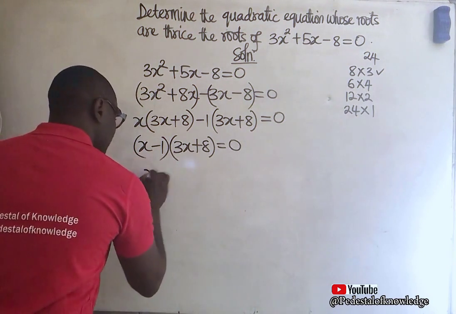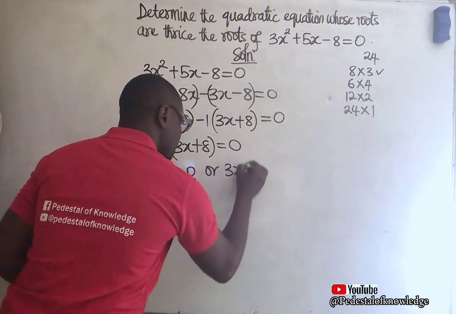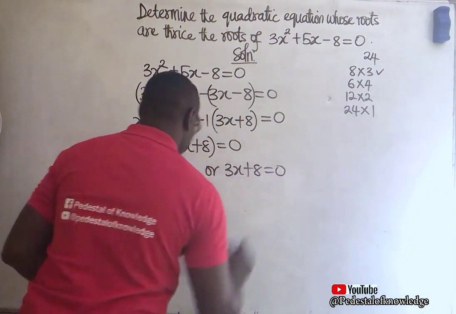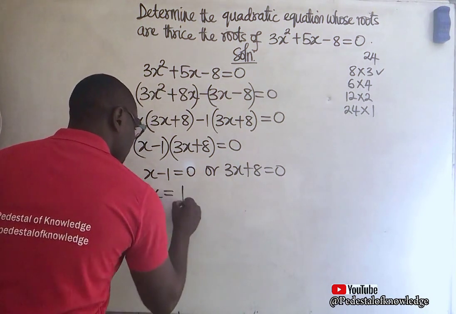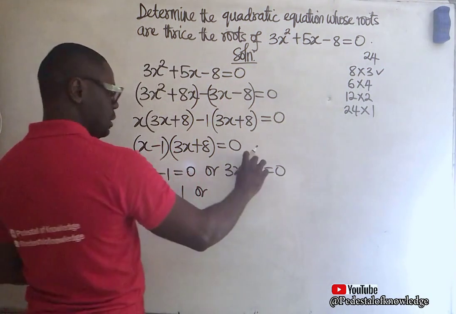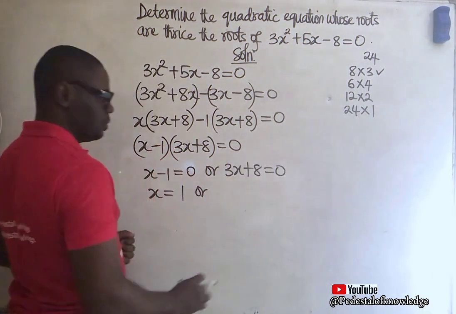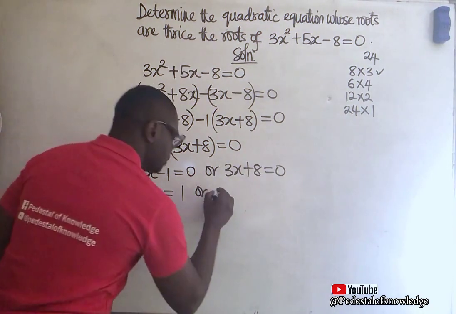So that means that x minus 1 is equal to 0, or 3x plus 8 is equal to 0. So if x minus 1 is equal to 0, therefore x is equal to 1. Or if 3x plus 8 is equal to 0, when this 8 crosses the equality sign, it will give us minus 8. So x is equal to minus 8 over 3.